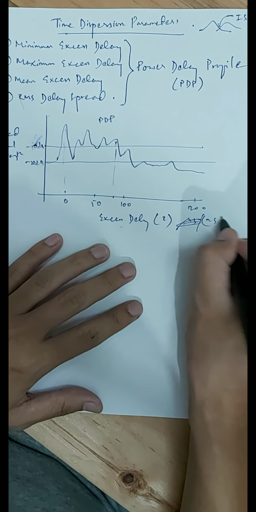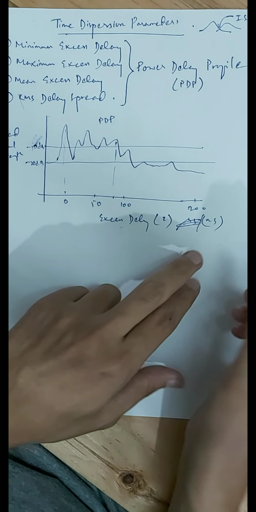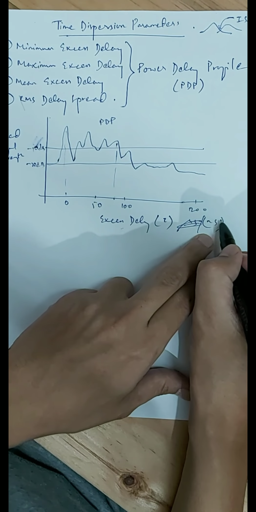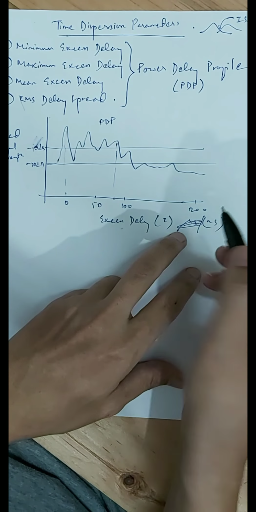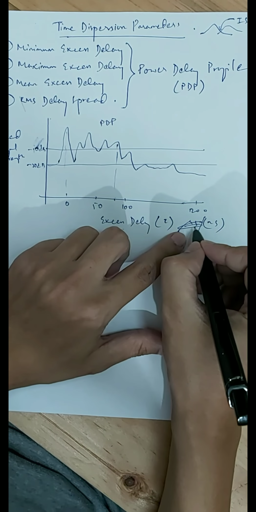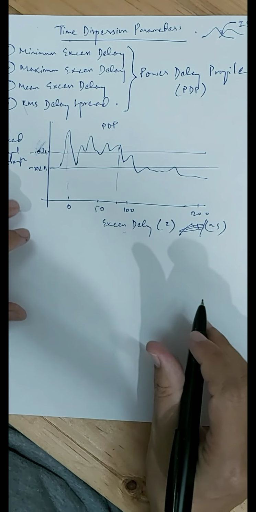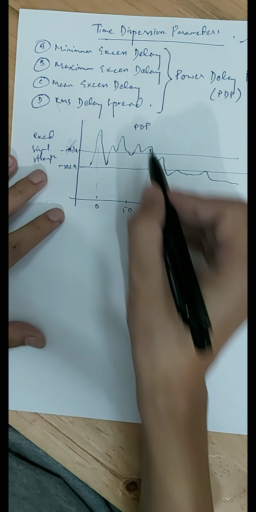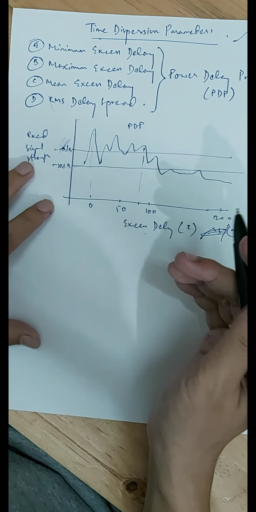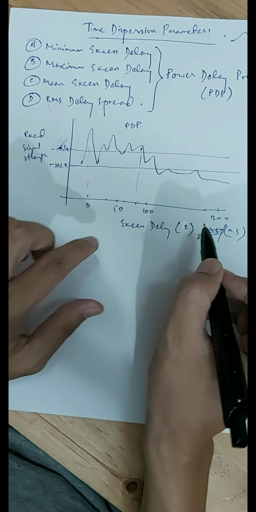Right now in this case it is nanosecond. If it is indoor, it will be nanosecond. If it is outdoor communication, then it is microsecond. So PDP shows your signal strength for different instants of time.